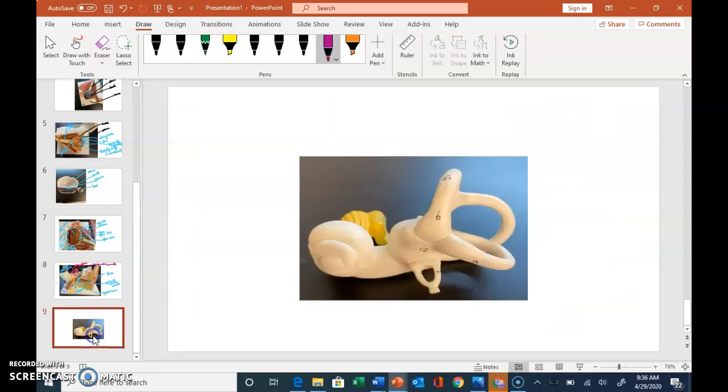Let me look into a zoomed in picture of the inner ear. So this is the inner ear, and there are a few structures that you will be asked to identify. First, the snail-like structure is the cochlea. Then this middle part is the vestibule, and these are the semicircular canals.